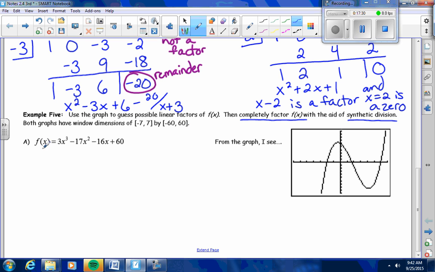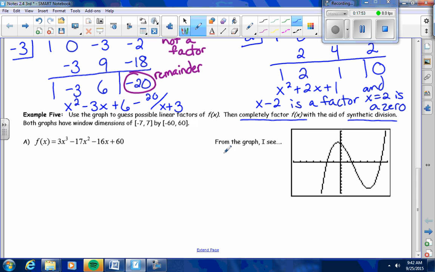Okay. This first function that is graphed is f of x equals 3x cubed minus 17x squared minus 16x plus 60. So looking at the graph, can we see what one of the zeros is? Is it falling directly on an integer? Yeah. Okay, which integer? -2.